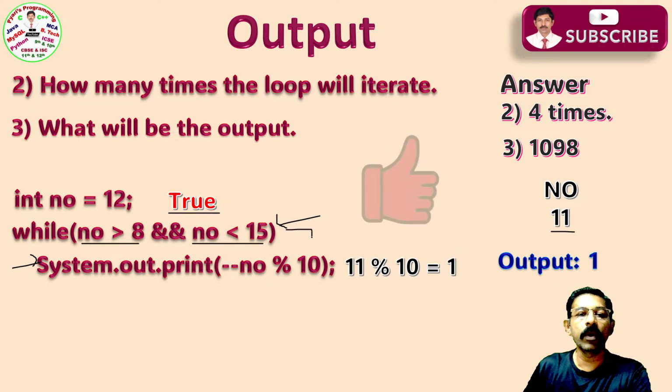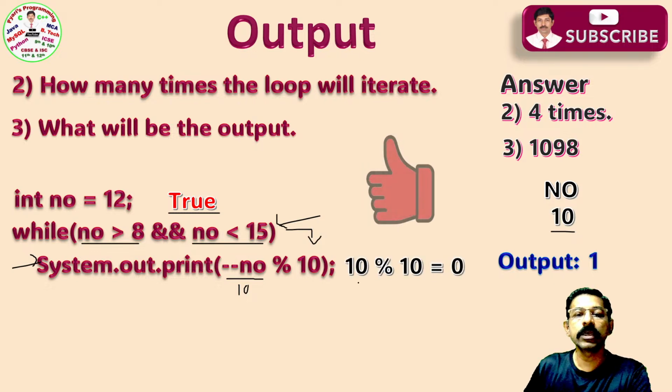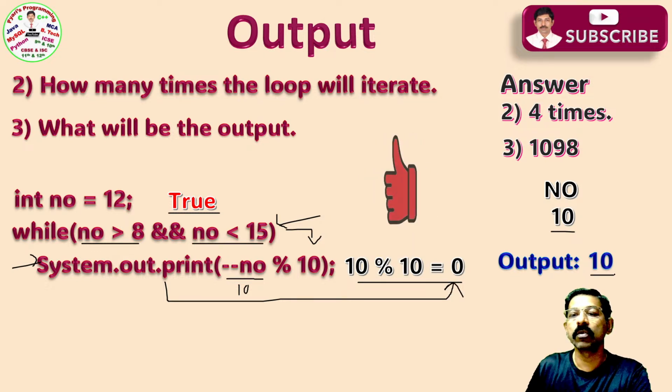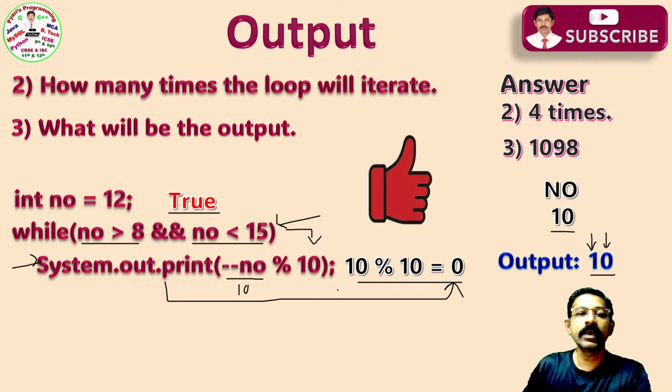It will get into the body where minus NO will be done first. Hence it is 10. Now 10 modulo 10. Remainder is 0. Then it will display the remainder, that is 0. So output next is 10. First time it was 1. Now it is 0. After this again the condition will be checked.